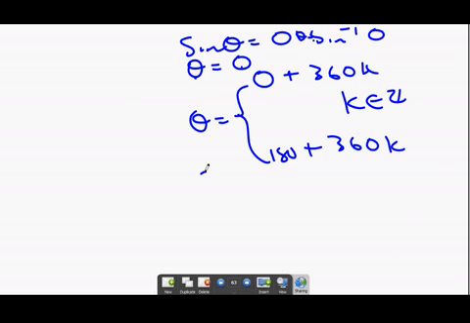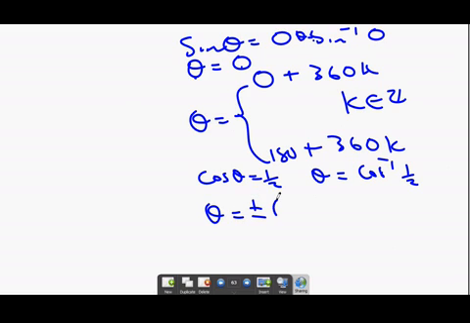Remember our cos theta is equal to half, which means that theta is equal to cos inverse of half, which means that theta is equal to plus or minus 60, because remember for cos it's plus or minus, and it's plus 360k, where k is an element of integers. So that is how you solve the third case, case C.